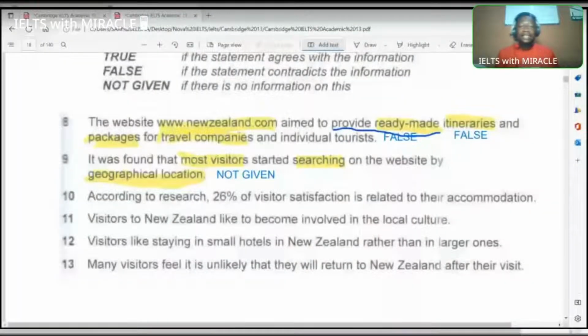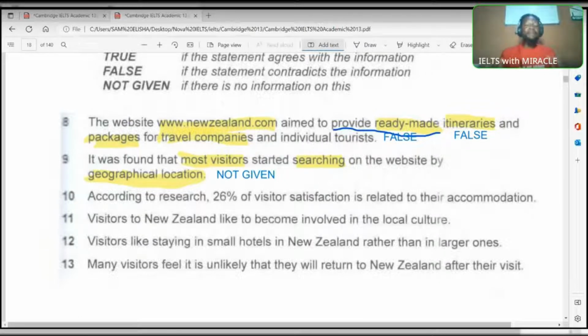Now, this is a good example. Look at number one. Number one, you notice that what you find is a contradiction to what is in the passage. If you look at number 8, and I'm doing this particularly to emphasize the difference. Number 8 tells us that the website aimed to provide ready-made itineraries.